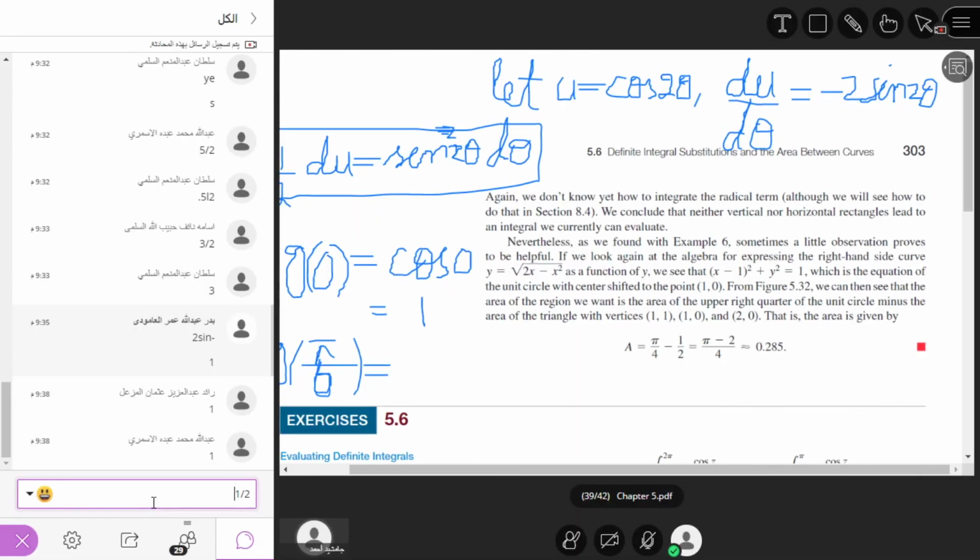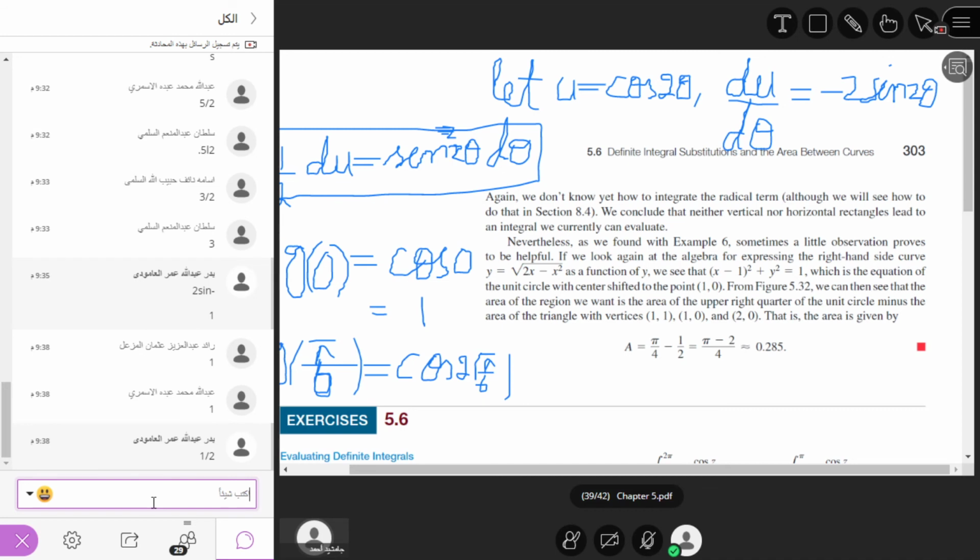The 6 and 2 cancel, and it becomes cosine pi by 3, which is equal to 1 by 2. Yes, you are correct, Abdullah, Badr.